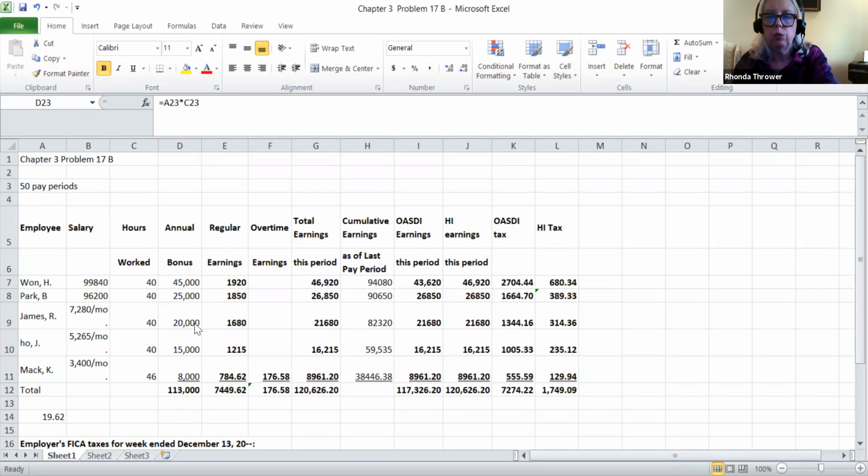And so what they wanted you to do is to calculate the regular weekly earnings. And to do that, what we would do is we would need to take the annual salary of the employee and divide it by 52. And that's how we come up with 1920 as the regular earnings for one.